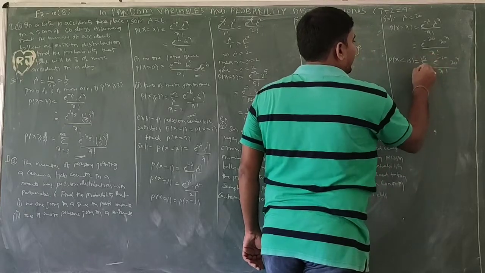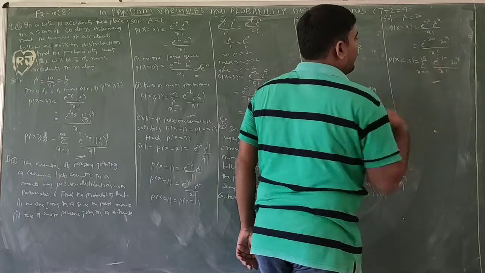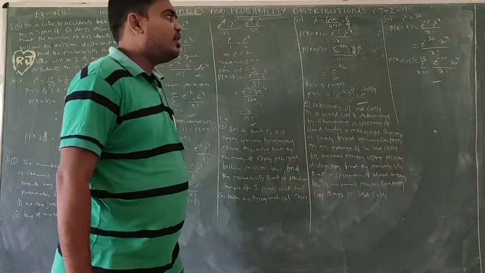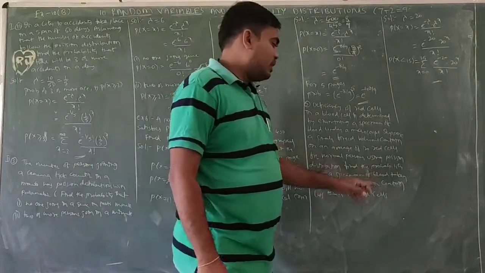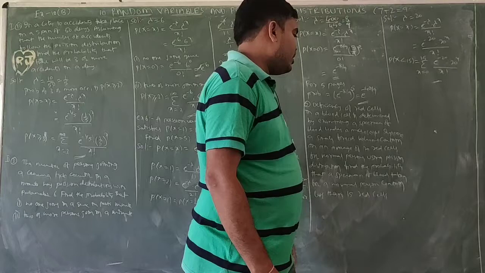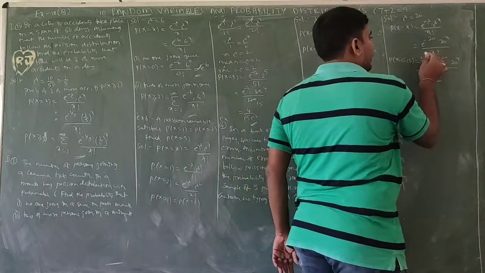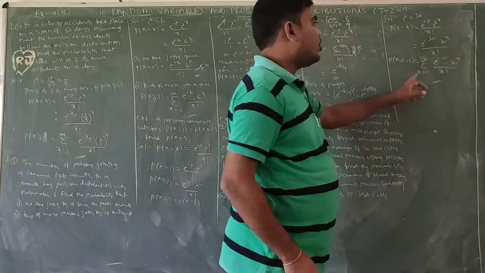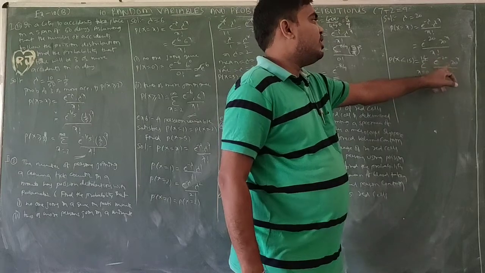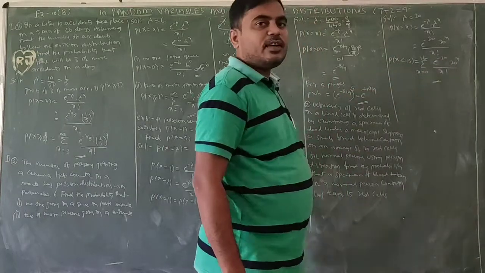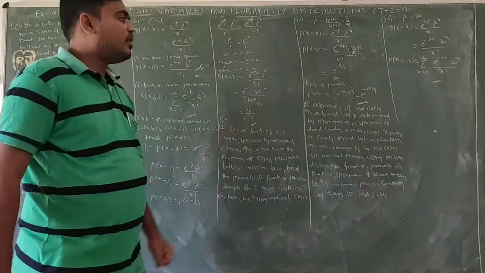Less than 15 means we take up to 14, so x equal to 0 to 14. This is the required result.